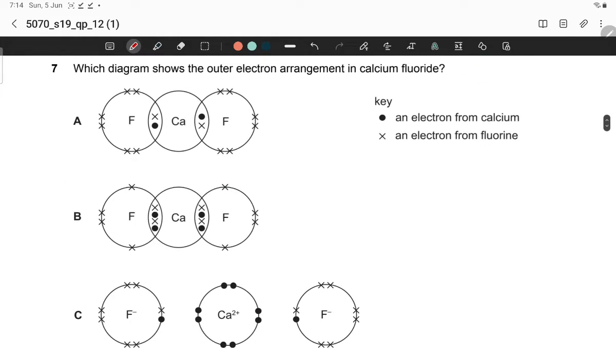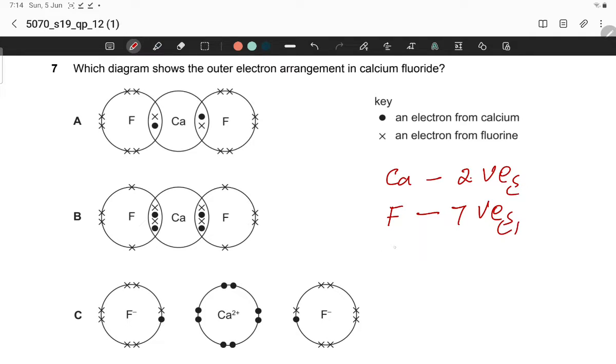Which diagram shows the outer electron arrangement in calcium fluoride? Calcium has 2 valence electrons, while fluorine has 7 valence electrons.